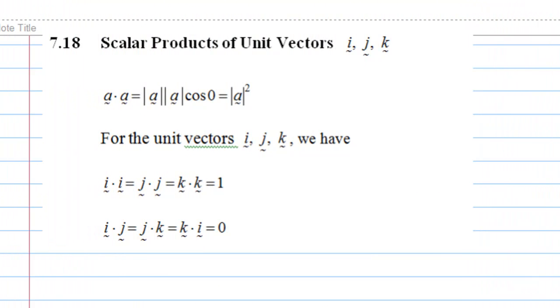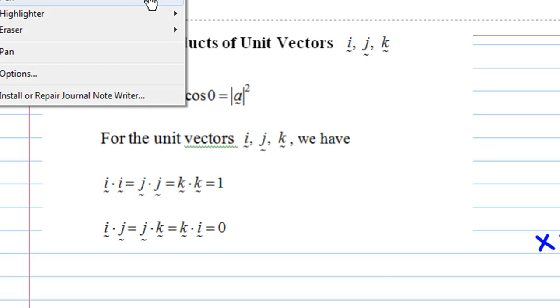This video will elaborate how to compute scalar products of vectors, especially involving unit vectors i, j, and k. Remember, in the coordinate system we have x, y, z axes.